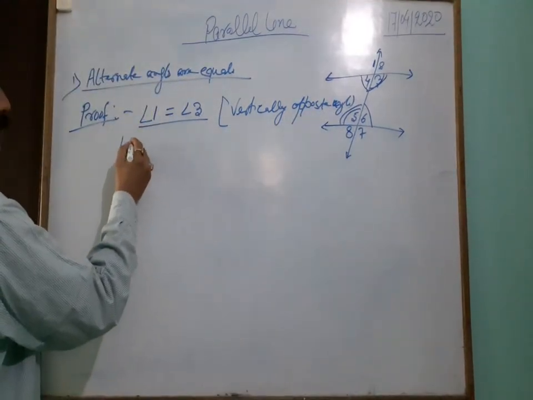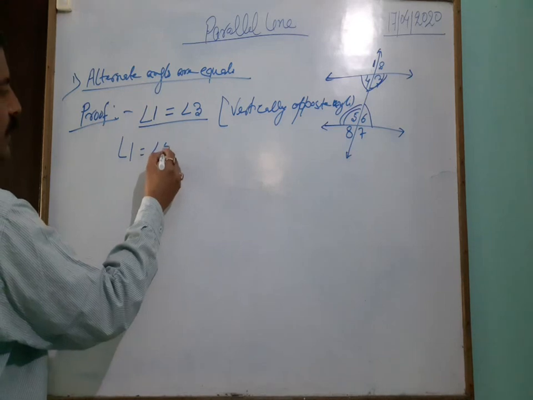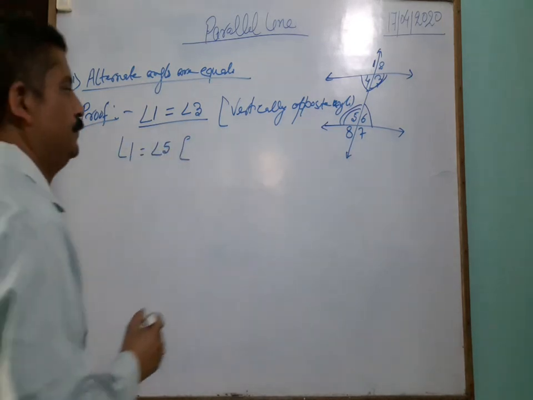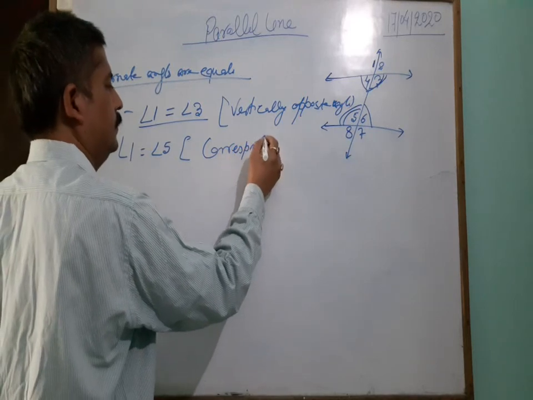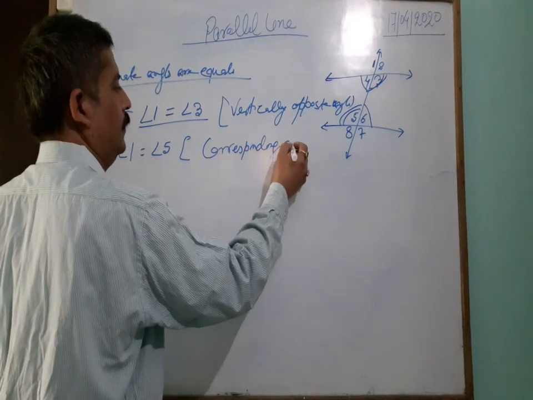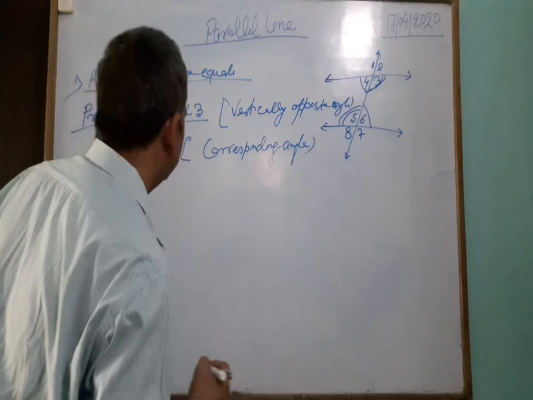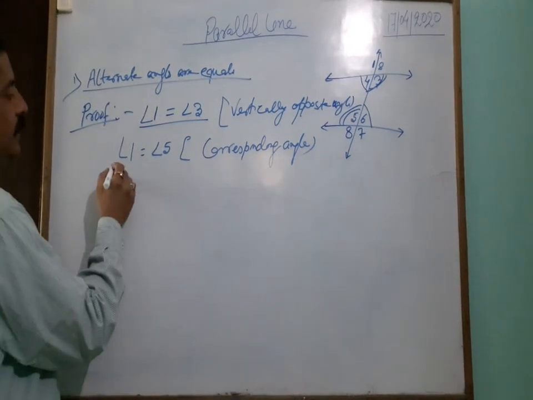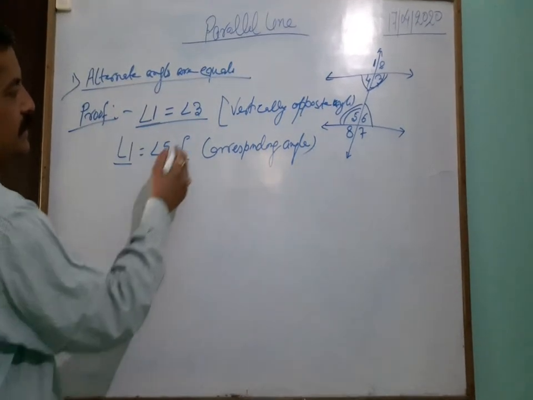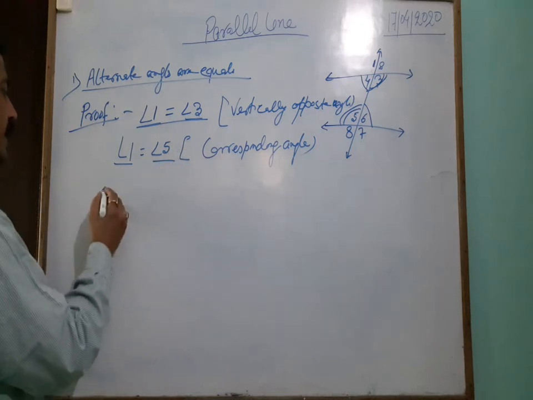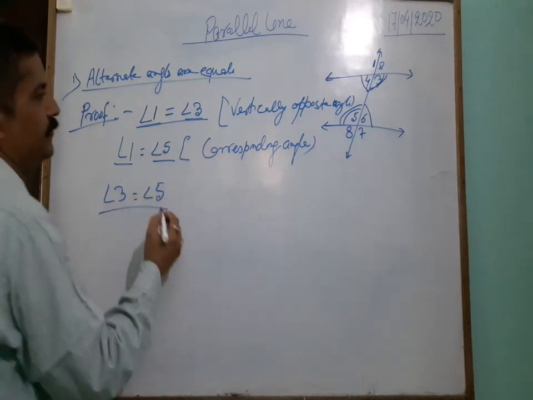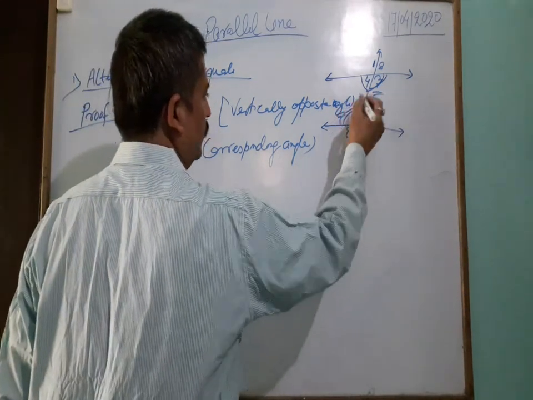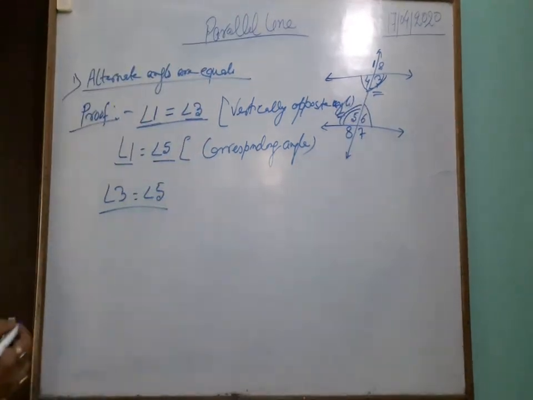Angle 1 equals angle 5, corresponding angles. Then we say that if LHS equals LHS, then RHS equals RHS. So angle 3 is equal to angle 5. Thus alternate angles are equal.